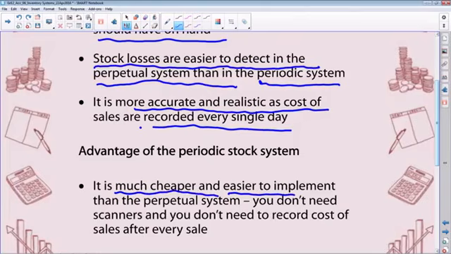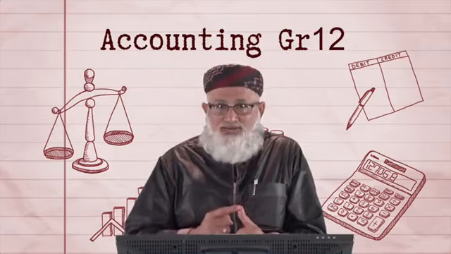Why? Clearly, you don't need expensive scanners, and you don't need to record the cost of sale after every sale item. So, you have clearly seen now that the periodic system is cheaper to run.